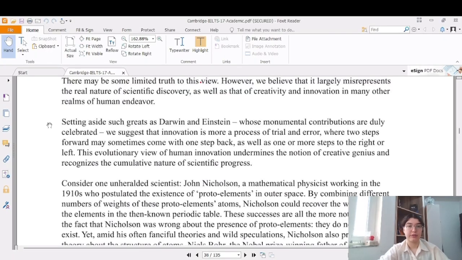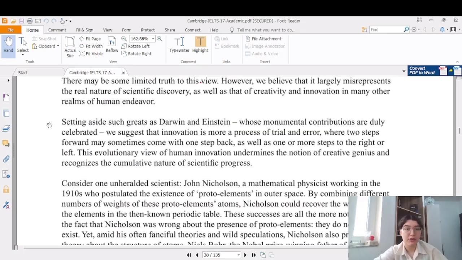This is the paragraph. So it says, setting aside such greats as Darwin and Einstein, meaning putting them aside, not considering them, whose monumental contributions are duly celebrated, we suggest that innovation is more a process of trial and error, where 2 steps forward may sometimes come with 1 step back, as well as 1 or more steps to the right or left. This evolutionary view of human innovation undermines the notion of creative genius and recognizes the cumulative nature of scientific progress.